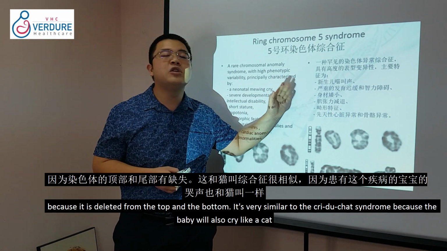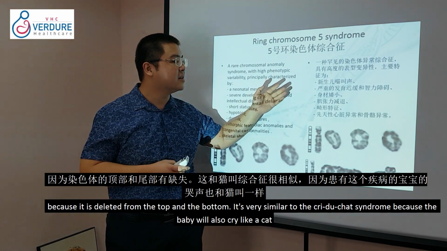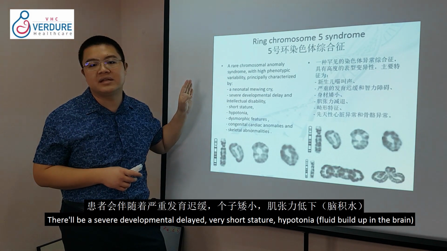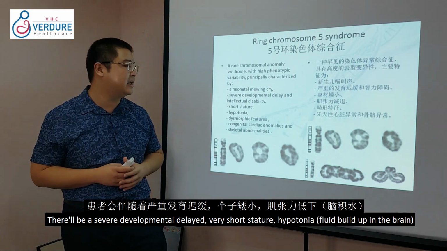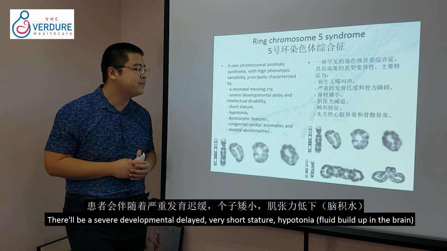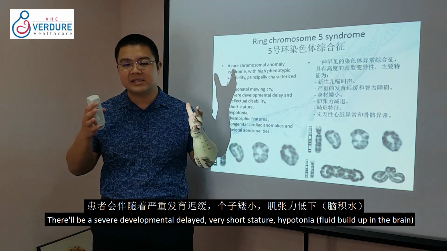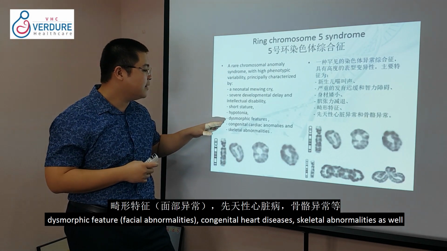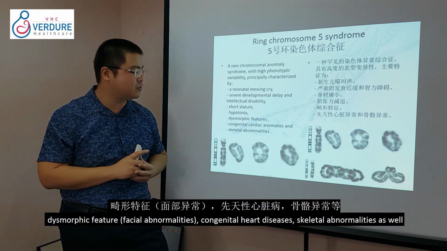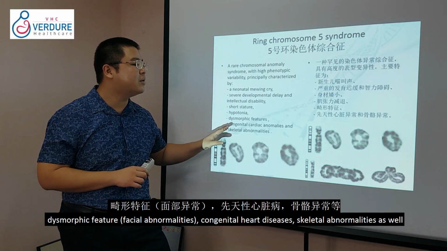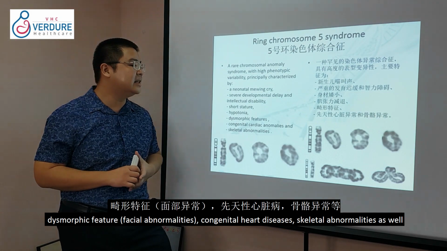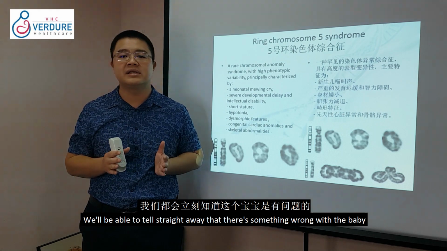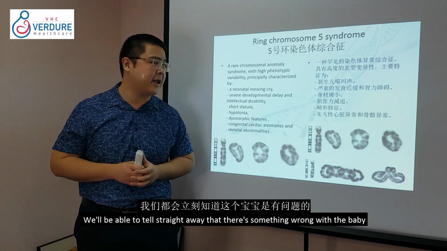So it is very similar to the Cri-du-chat Syndrome because the baby would literally cry like a cat, and then there will be a severe developmental delay and intellectual disability, very short stature, okay, hypotonia, meaning to say the fluid built up around in the inner part of the brain, okay, dysmorphic features, meaning to say facial abnormalities, congenital heart diseases, and then skeletal abnormalities as well. You will be able to tell straight away that there is something wrong with this particular baby.